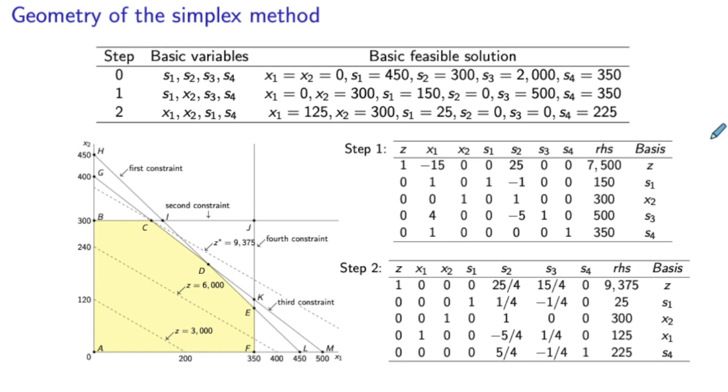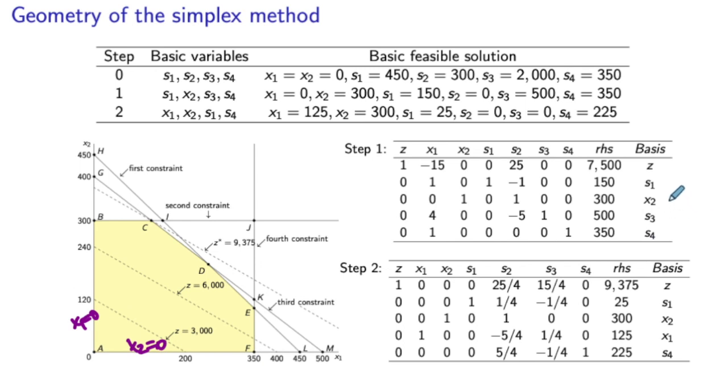Alright, so let's look at what happens exactly when we proceed with the iterations of the simplex method for our problem. So we started at point A that corresponded to the basic feasible solution given by the variables x1 and x2 as non-basic, right? So we saw that here we have x2 equal to 0, and here we have x1 equal to 0 for this line.